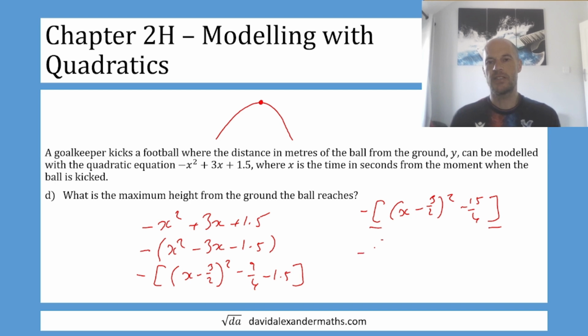So that's minus (x minus 3 over 2) squared plus 15 over 4. So the turning point is (3 over 2, 15 over 4). What that means is after 1.5 seconds, the ball reaches its maximum height, which is 15 over 4. If you want, we can turn that into a decimal, so that is 3.75 metres.